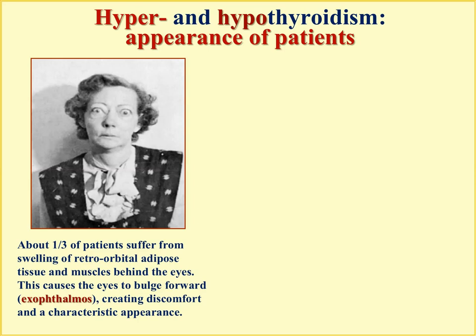And this swelling pushes the eyeballs forward, which creates discomfort and characteristic appearance, but in some cases it may even damage the optic nerve, which is stretched too much, and it can damage the visual system. So it's a serious symptom.